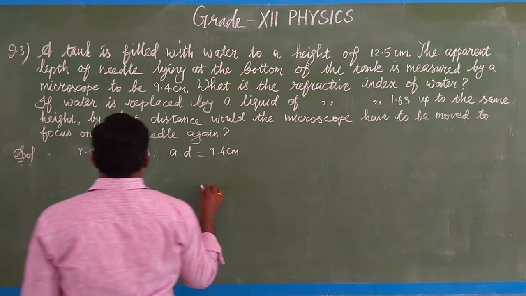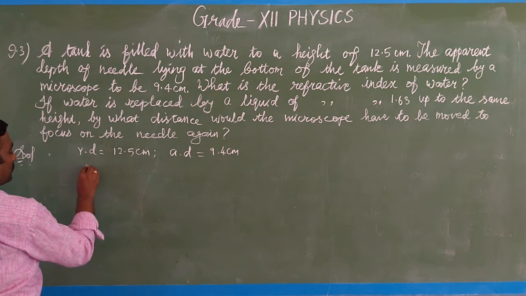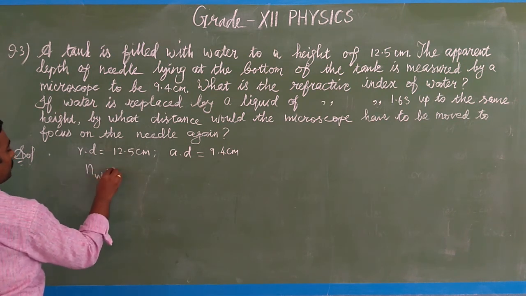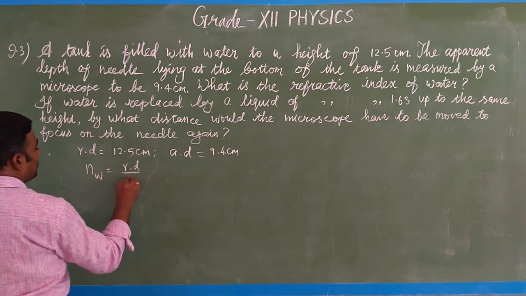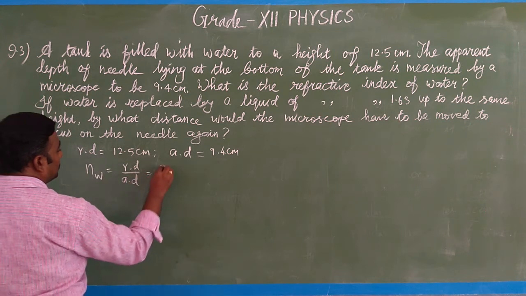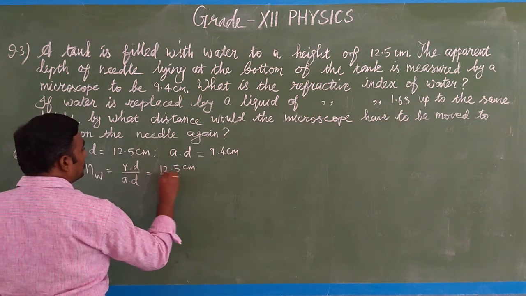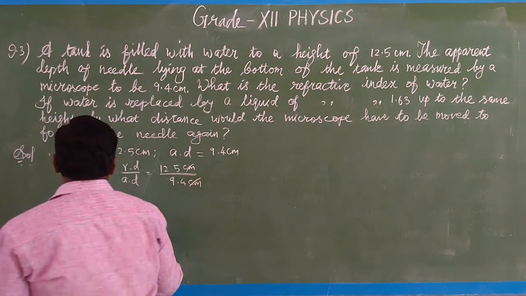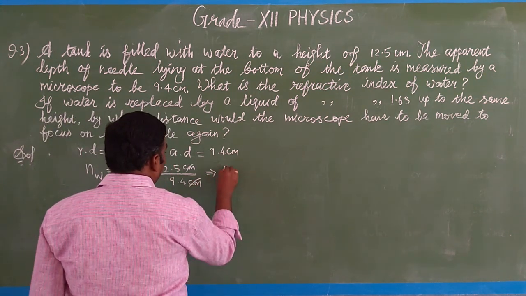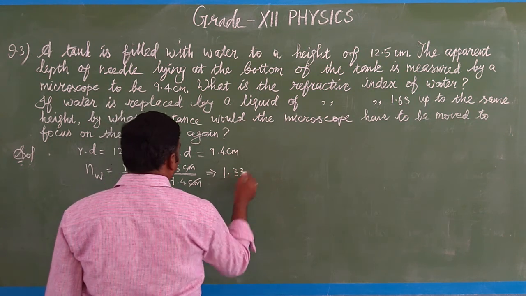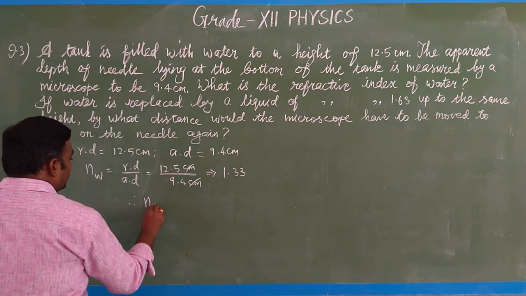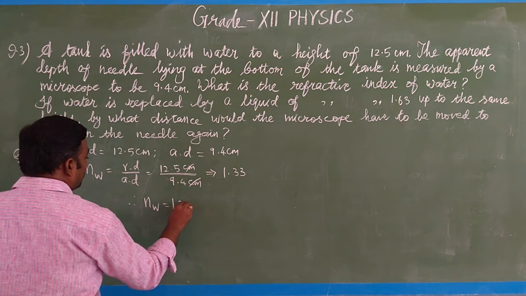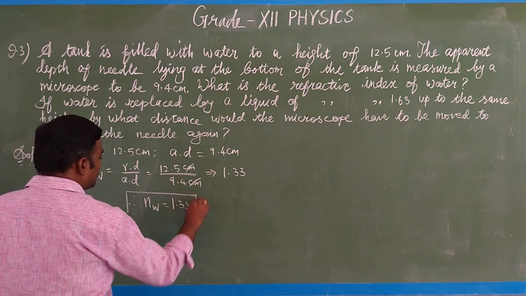Initially only water is placed in the tank. So the refractive index of water is the ratio of real depth to apparent depth, that is 12.5 centimeter divided by 9.4 centimeter. Centimeter cancels. After dividing, we find the refractive index equal to 1.33. Therefore, the refractive index of water is 1.33, which has no unit.